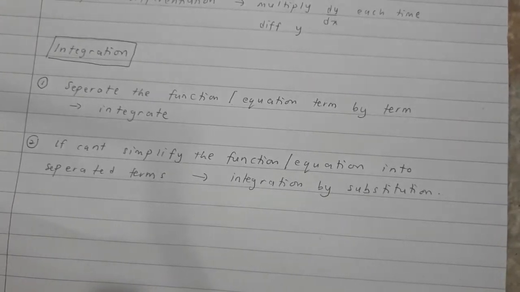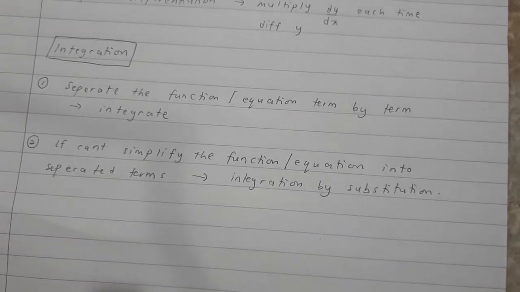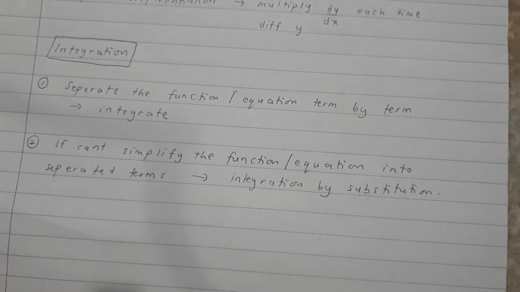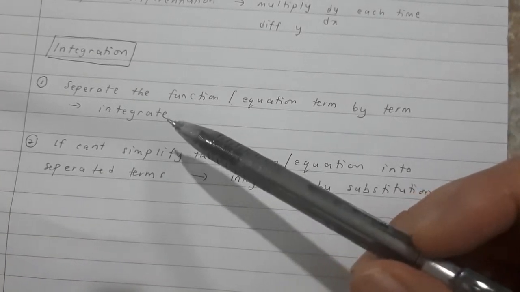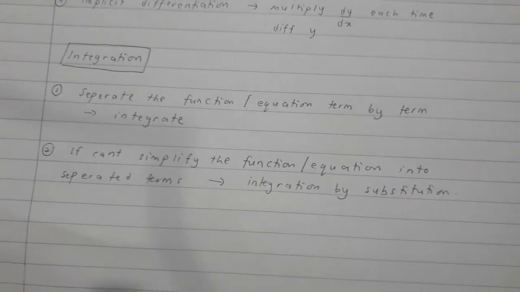Cara yang pertama untuk selesaikan soalan integration adalah dengan memudahkan function yang diberi kepada sebutan-sebutan yang lebih mudah. Daripada satu fungsi, kita pecahkan dia kepada sebutan pertama, sebutan kedua, sebutan ketiga, sehingga kita boleh integrate setiap sebutan itu satu per satu. Itu cara yang pertama.